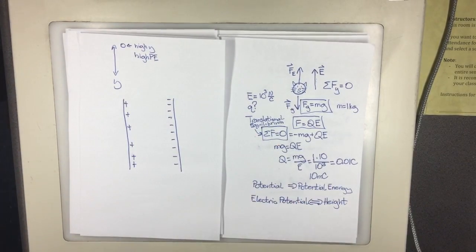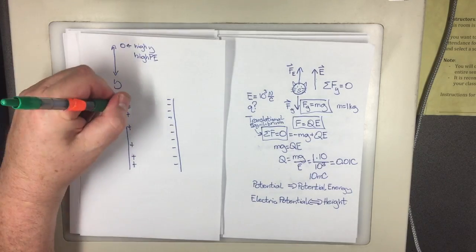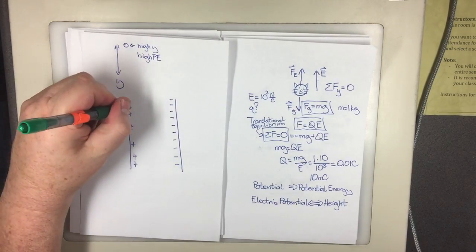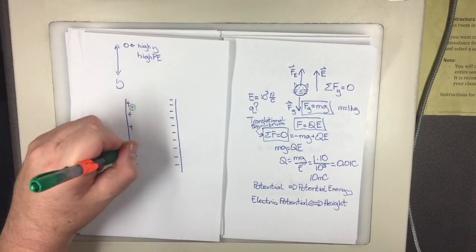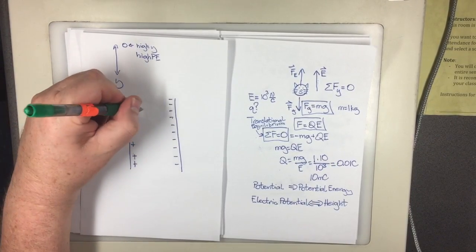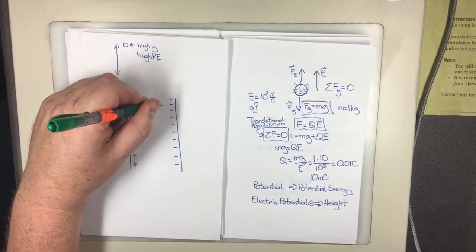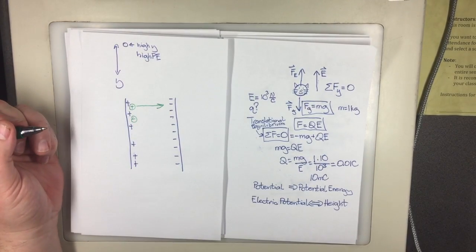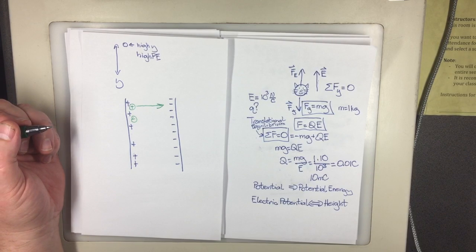If we put a positive charge here and a negative charge here up against these plates, this charge will go to the negative plate and the negative charge will not do anything.